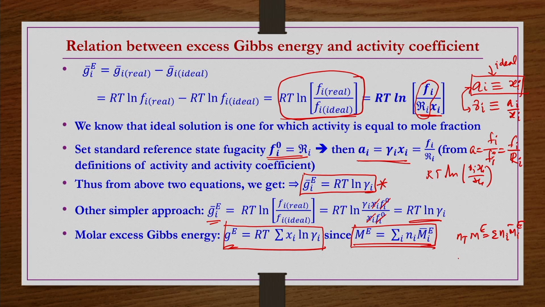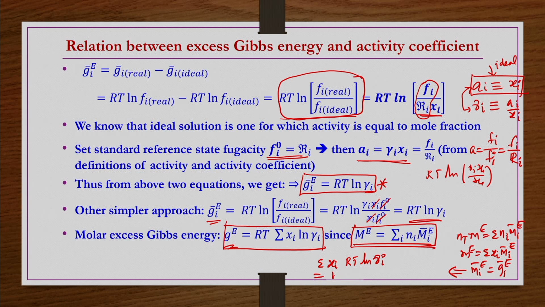That means small me is sigma xi Mi bar E, and in this case Mi bar E is nothing but Gi bar E, which is nothing but RT ln gamma i. So that should be sigma xi RT ln gamma i.